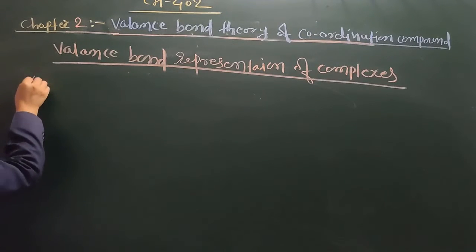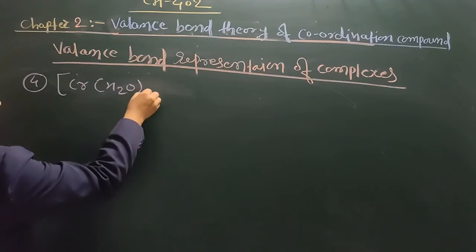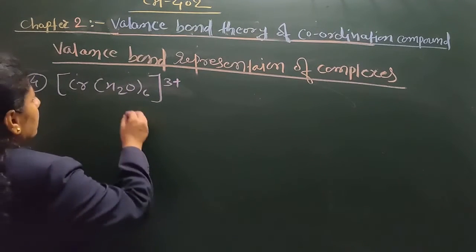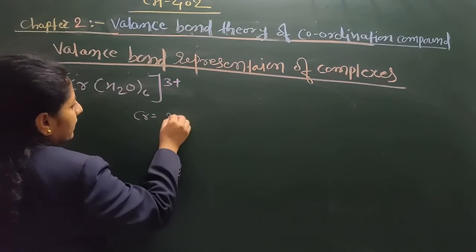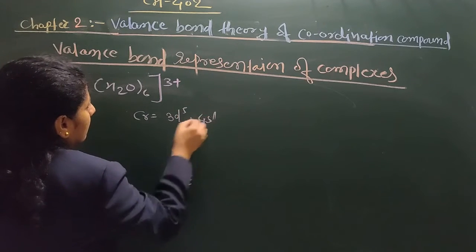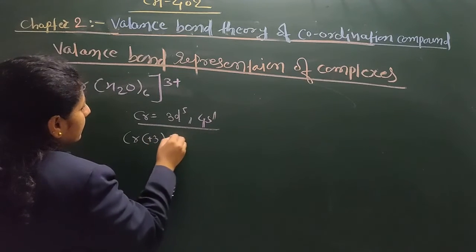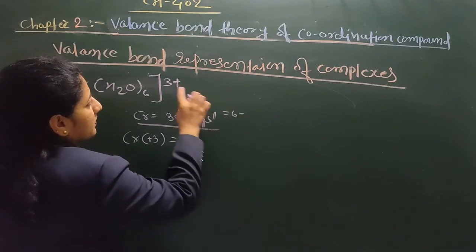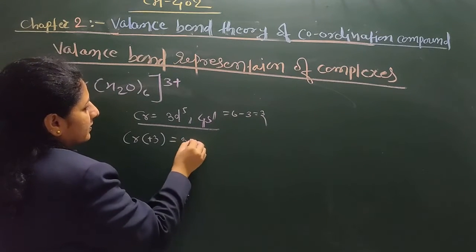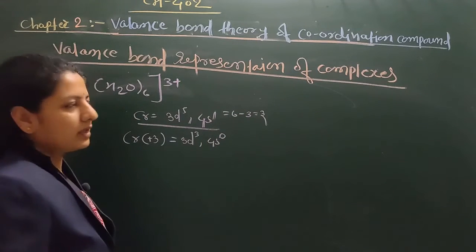The valence bond representation of the fourth one, that is the hexaaquachromium complex, where the oxidation state is +3. As we know, the electronic configuration of chromium is 3d5 4s1, and for chromium 3+ we have 6 electrons and subtract 3 electrons.